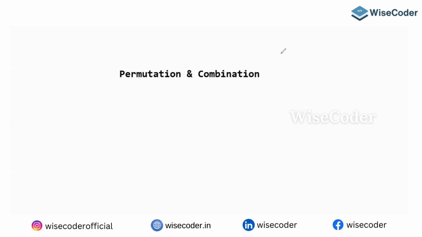Let's compare arrangement and selection. Say we have to arrange 3 people out of A, B, C, D and E in a row.